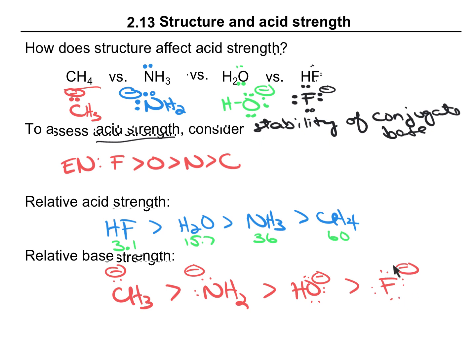Well, this is perfectly happy having a negative charge, maybe not perfectly happy, but the least unhappy of all of these. It's not feeling desperate to grab a proton to get rid of that negative charge. So as we think about how structure affects acid strength, as we are comparing across the periodic table, we want to focus on electronegativity. The more electronegative the element, the stronger the acid.